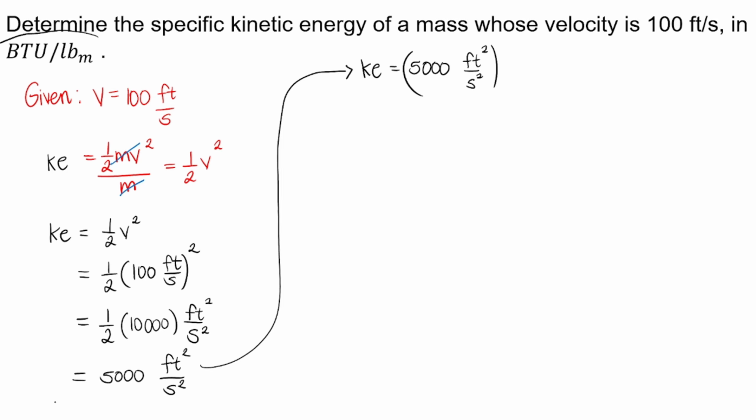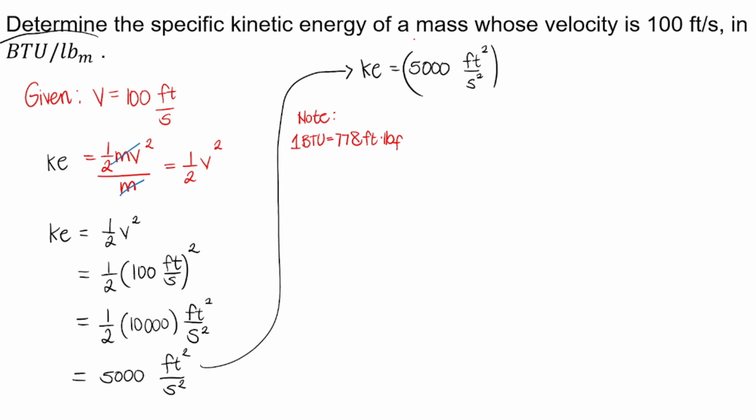Kasi foot-pound force or pound-foot is also a unit of energy. And we know that 1 BTU is equal to 778 foot-pounds force.